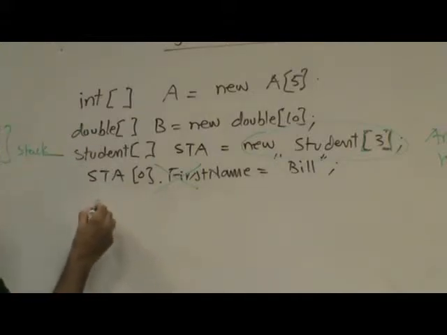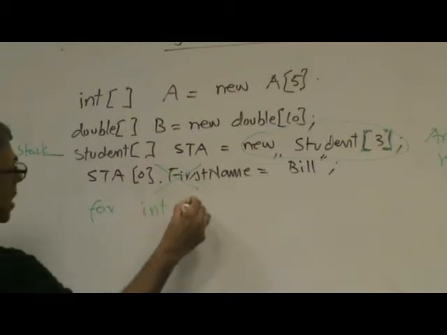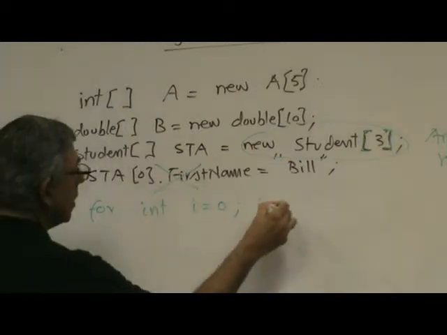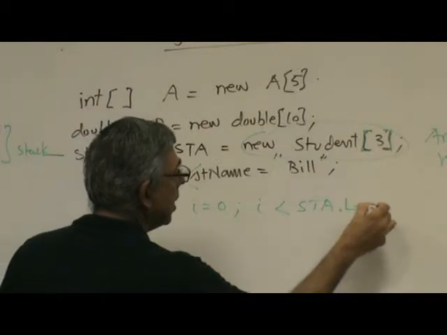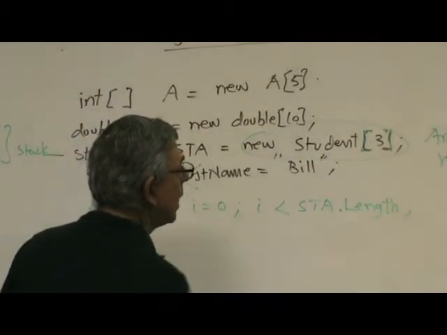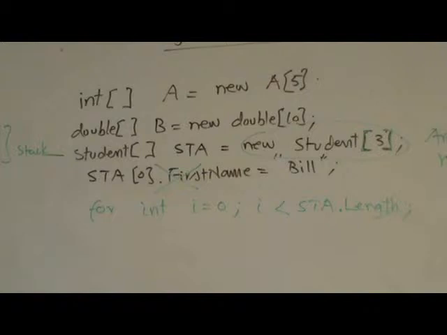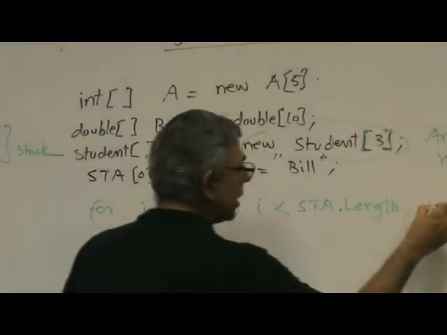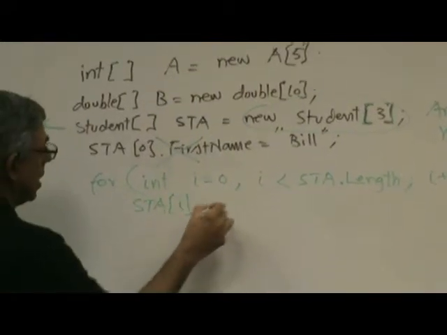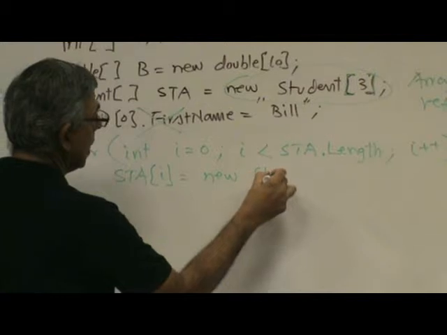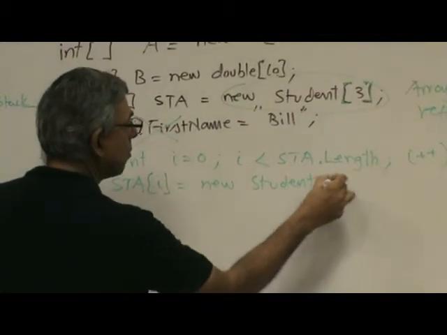We say for int i equal to 0, i less than STA dot length. As we discussed, anytime we create an array, we automatically get the length property, and i plus plus. So now if we did STA of i equal to new student, it will work properly.